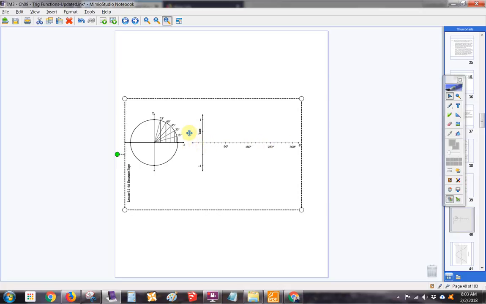After you've sketched it out in your notebook, it might be nice to go back to the other function that you have, or the other piece of paper that looks just like this, and using a different color pencil or pen, sketch the cosine function on top of that, because that's what you're actually going to be doing. You're creating the cosine function when you're dealing with the base of those triangles.